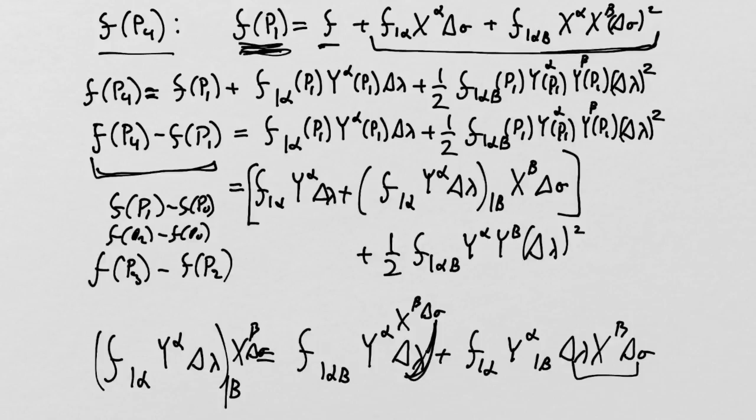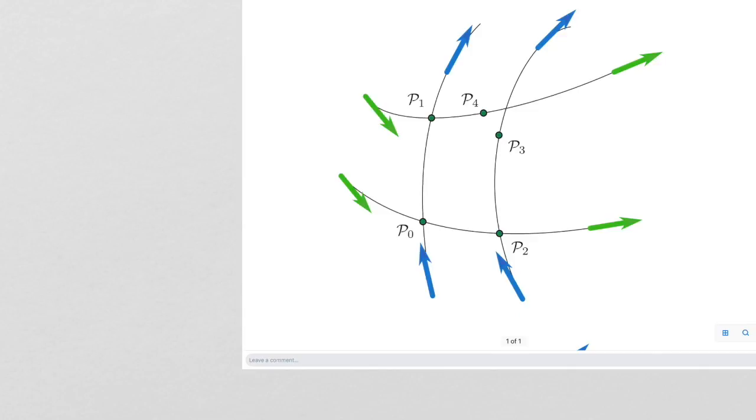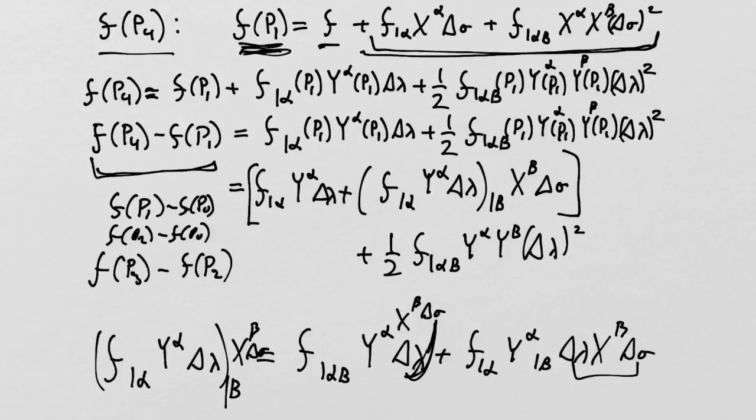And you have the same kind of construction for fp2, where essentially the x's are replaced by y's, because fp2 is just moving along the y direction first using the lambda parameter, whereas fp1 comes from moving along the x curves using the sigma parameter. So you can basically just change the x's to y's and the sigmas to lambdas, and you can create fp2.